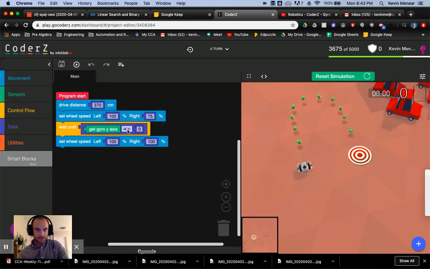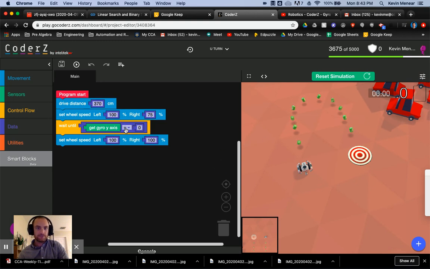Okay, gyro y-axis. Look, I'm turning clockwise, so it's got to be greater than or equal to because the angle is going to keep going up. It says 170, cool. Now, it's got the wheel speed at 100% and 75%, but to me, it just makes a whole lot more sense to just go slower.